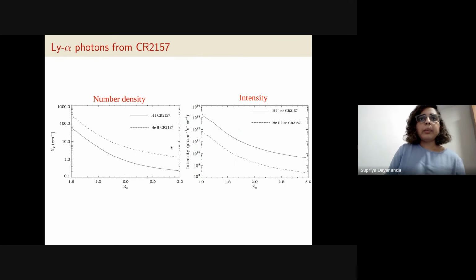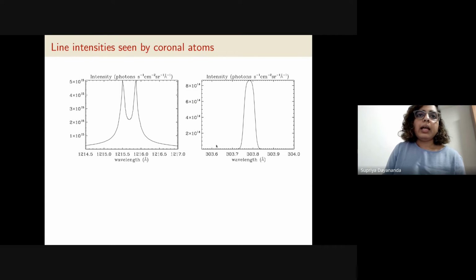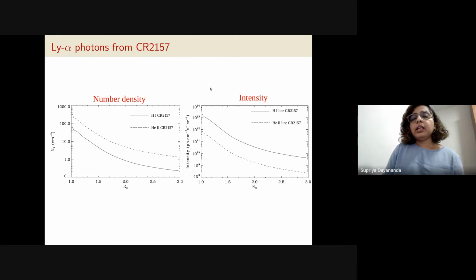Just for an easier comparison, here in the left panel, you see like I said, there is more helium-2 than hydrogen-1, but in the intensity, you see more hydrogen-1 than helium-2. This is simply because the coronal atom sees more hydrogen emission from the underlying layers than that of helium, which is directly reflected in the intensities.